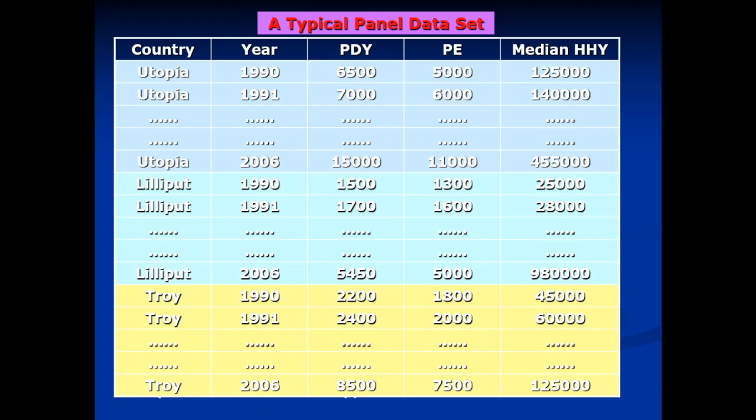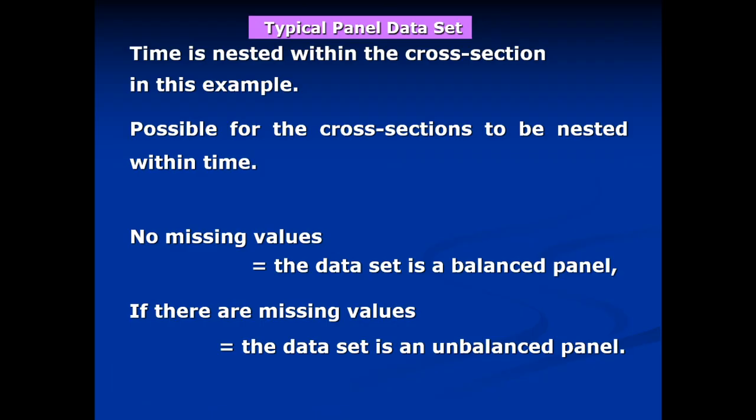So for the country Utopia, you have data for 1990 to 2006. Similarly, for Lilliput, you have 1990 to 2006. So here the time is nested within the country. Such time series panel data is called time nested within the case. So that's what's written: time is nested within the cross section in this example.